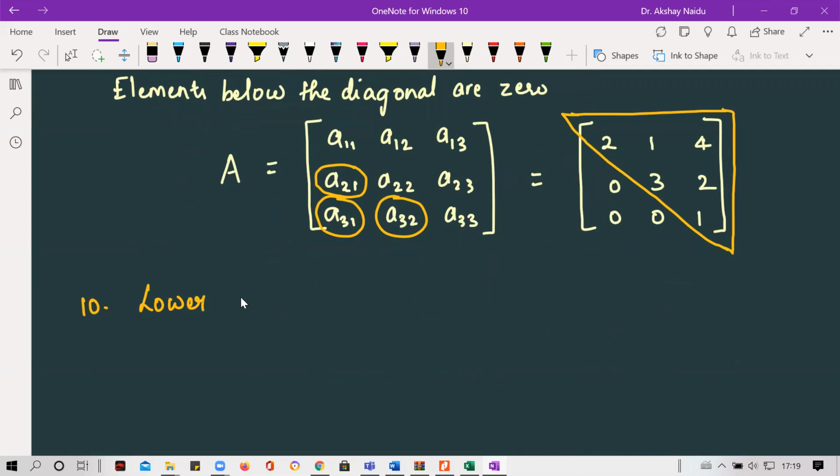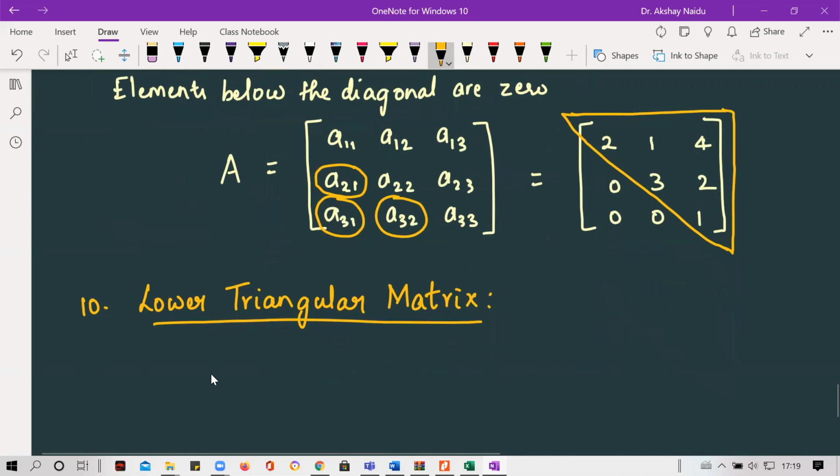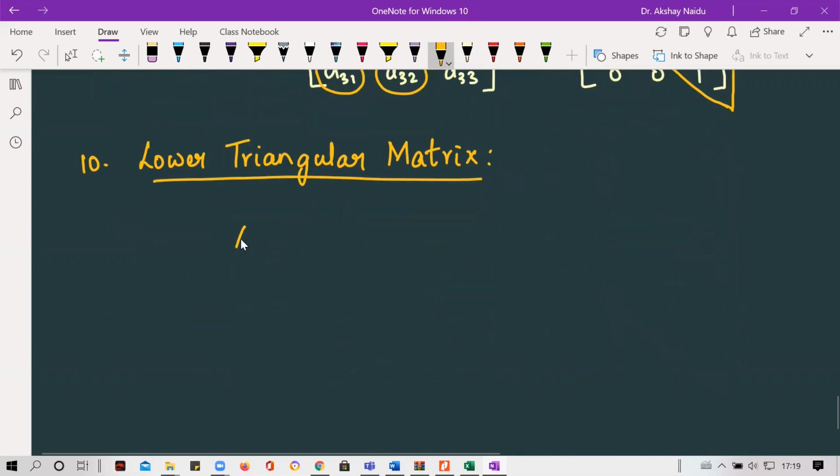Lower triangular matrix. This is not so much used as the upper triangular matrix. If we can define upper triangular matrix, lower triangular matrix is easy. What is it?